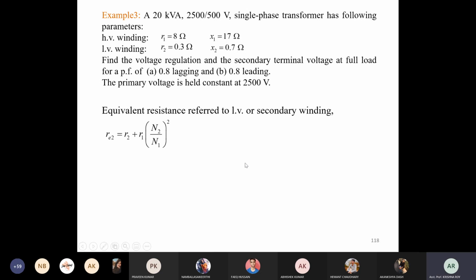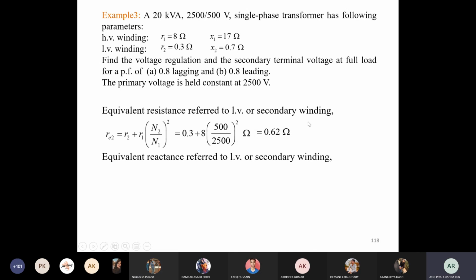So calculate this: Re2 equals 0.3 plus 8 into (500 by 2500) square, which gives 0.62 ohm. Similarly, calculate the equivalent reactance using a similar formula: Xe2 is equal to X2 plus X1.